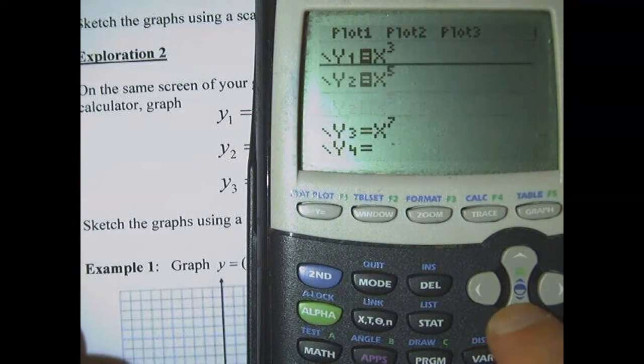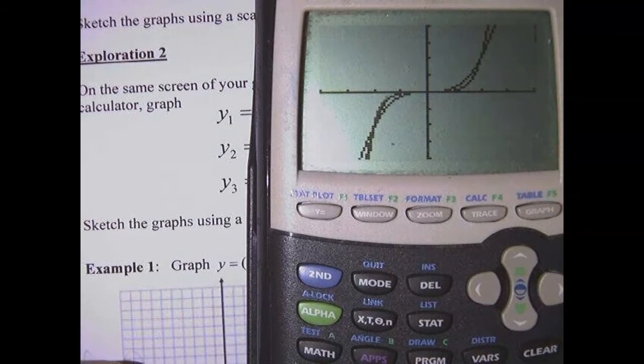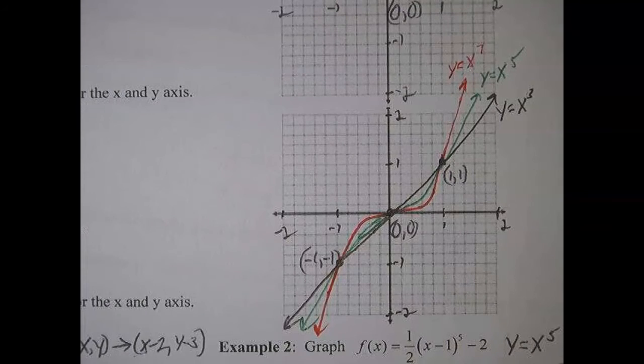Okay, so it's the same thing for the 7th degree. If we just add that on, we're not going to see much of a difference in the general shape. We might be able to tell that it hugs more closely and goes up more steeply, but even with this window, it's hard to tell. Okay, so let's put that on our graph now. Okay, and there's our new family of parent odd functions. These are all similar to the cube function.